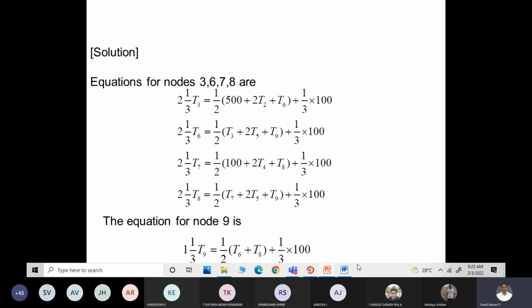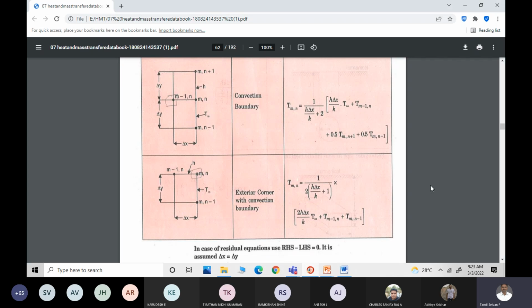Okay, so this 1 by 3, how it has come? Some of you may get confused. So the thing is, you have this 1 by 2 of h del x by k. We know that del x is 1 by 3. H and k values were 10 and 10. It will get cancelled. Okay. So 1 by 3 plus 1, which is nothing but 4 by 3. So 2 into 4 by 3. Am I correct?